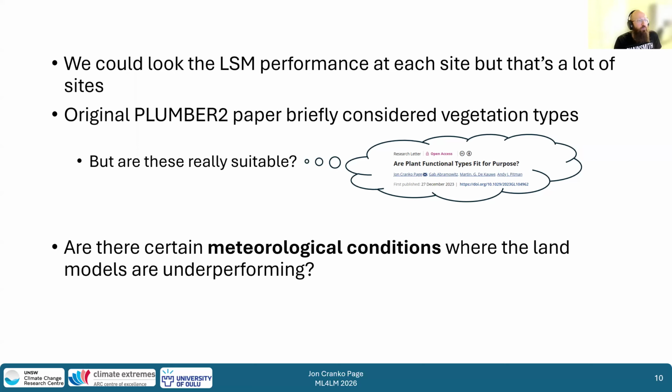So yeah, we decided not to go that avenue. But instead, we thought we'd keep it simple. You know, these empirical models, the very simplest ones, are only fed meteorological conditions. So we decided, hey, let's see if there are specific meteorological conditions where our land models are underperforming.